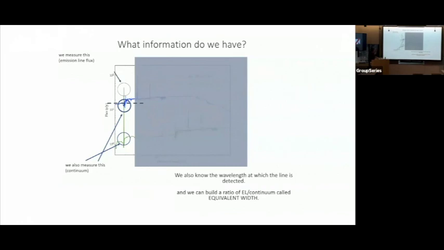And finally, another thing that we know is the location in wavelength at which the line is detected. This might not seem very important, because according to the redshift of the galaxy that is observed, the line is not bound by anything, it will travel right and left.